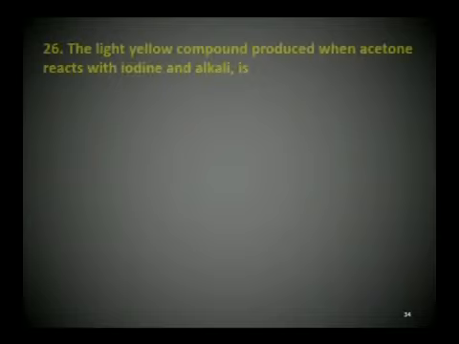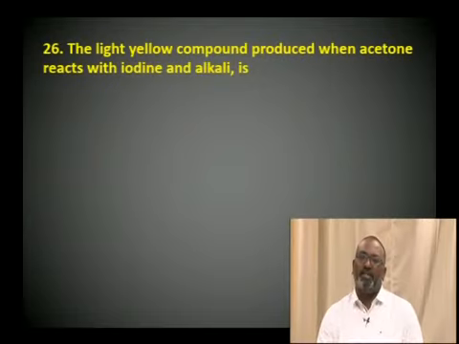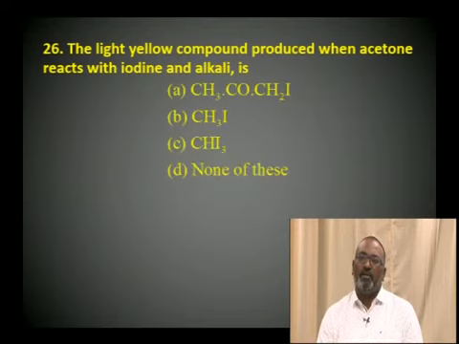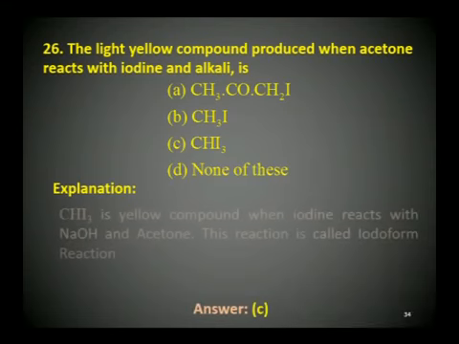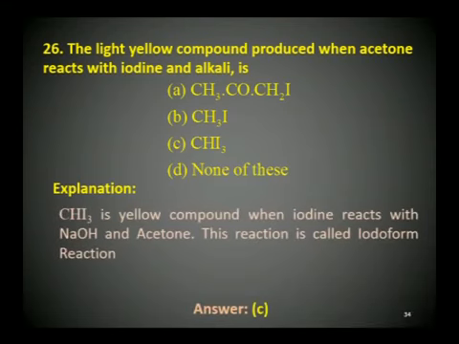Question number 26. The light yellow compound produced when acetone reacts with iodine and alkali is CH3COCH2I, CH3I, CHI3, none of this. Here you can see CHI3.